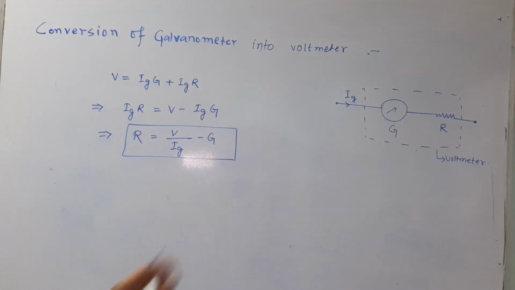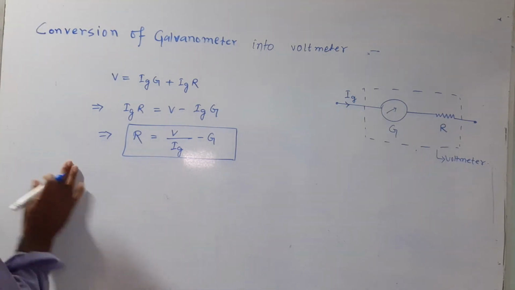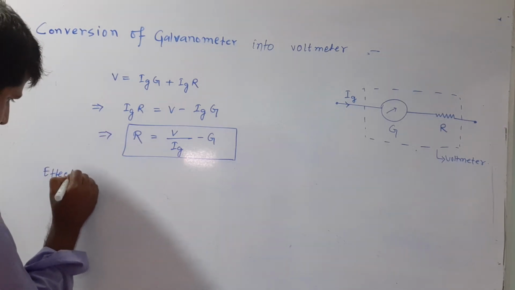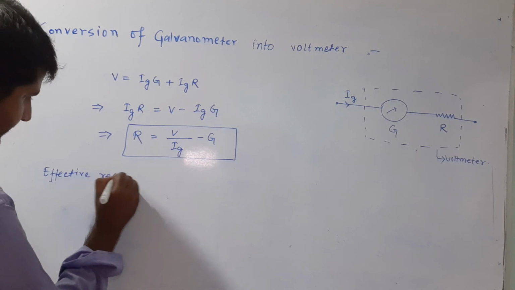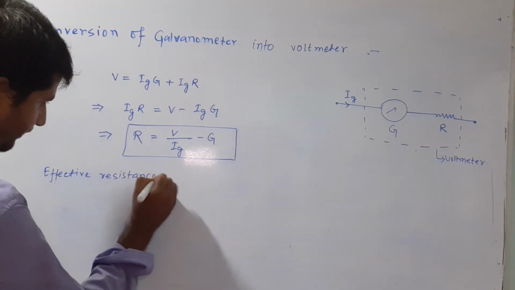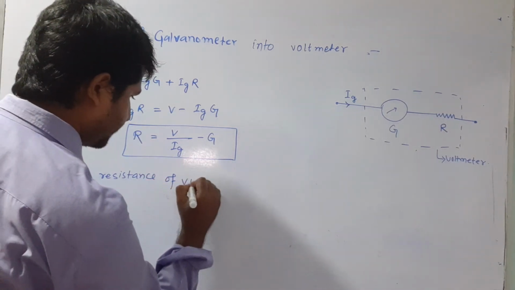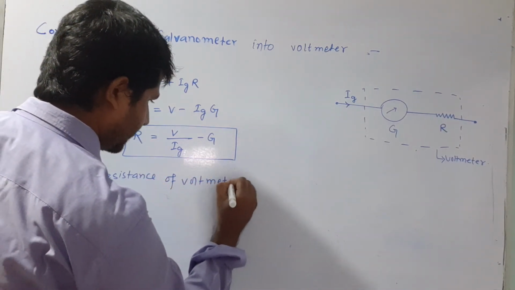Now, what is the effective resistance of this voltmeter?